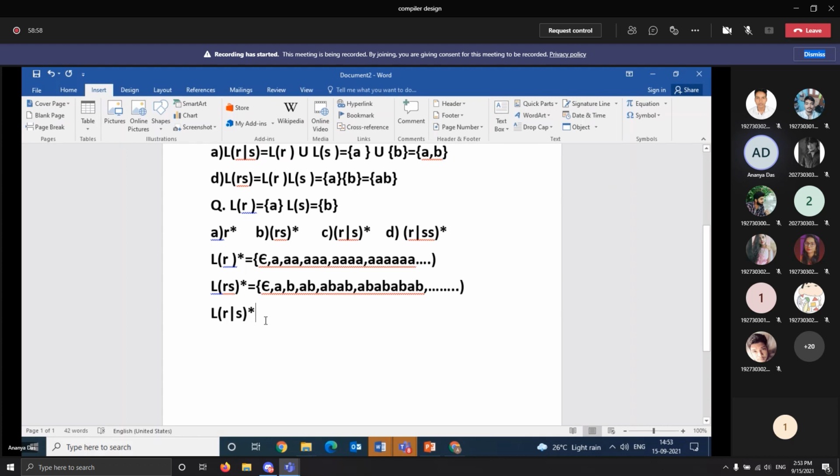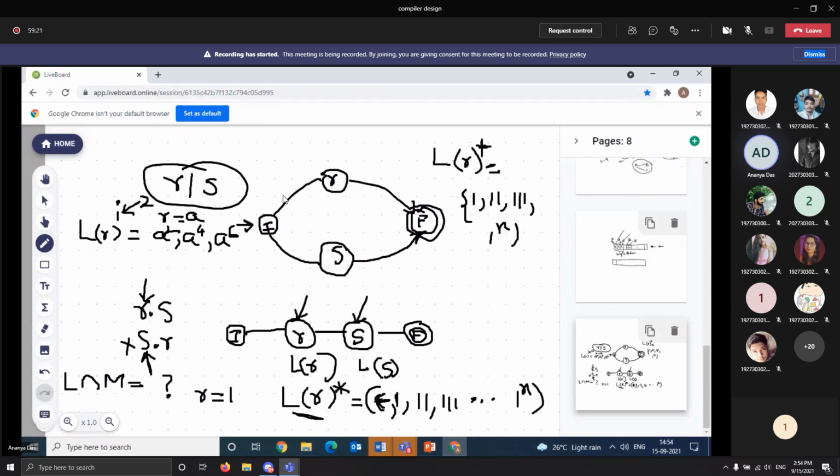The elements inside the bracket can be null, so you can opt for the epsilon symbol, or any one of them can be omitted, because this is supporting parallel connection. In the diagram, either by following this path you can go to your goal state, or by following this path also you can reach your goal state. But in this case, if you are trying to reach the goal state from the starting state, you definitely have to follow this path, and in this path first R decides, then S comes.